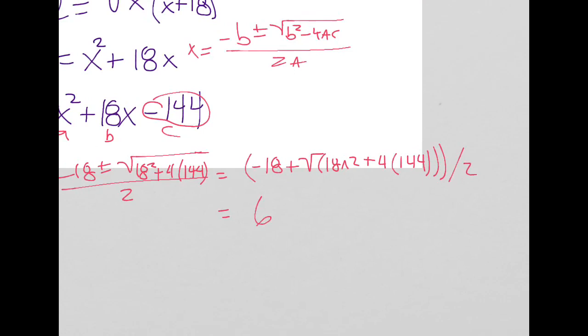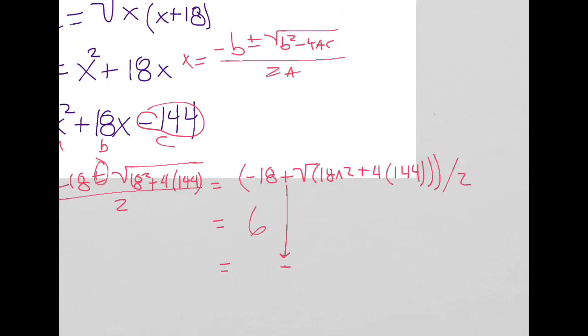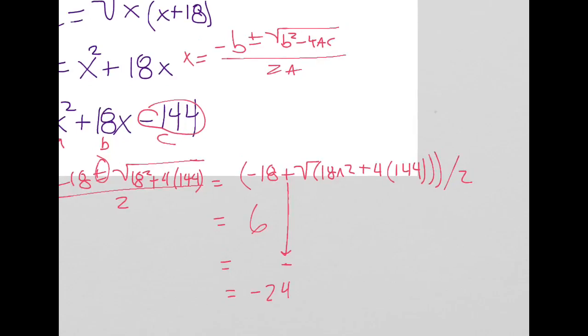And I'm going to do the same exact thing now, except instead of a plus, I'm going to do a minus for the plus or minus from right there. So when you do that, and first off, if you hit second enter, it's going to bring back up the thing you typed last. And now I can just move up and change the plus to a minus sign. When you do that, you get negative 24 as the second solution.